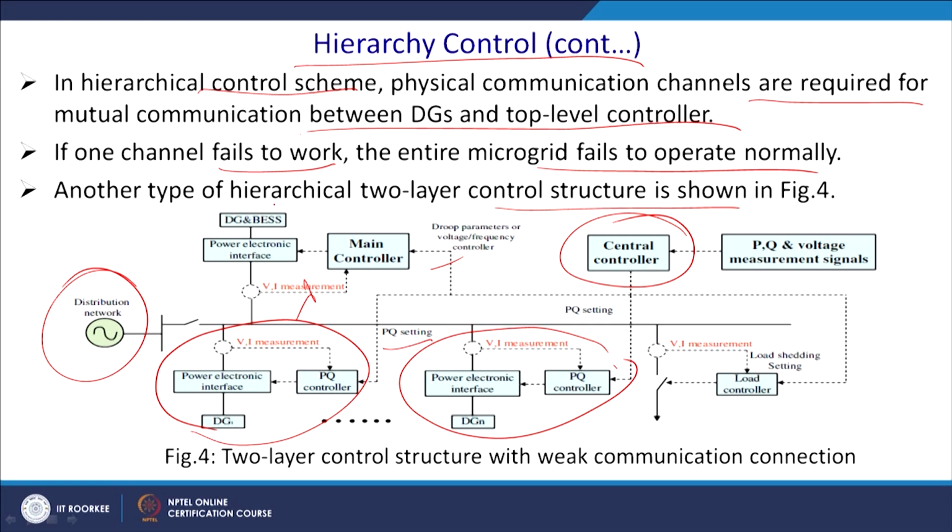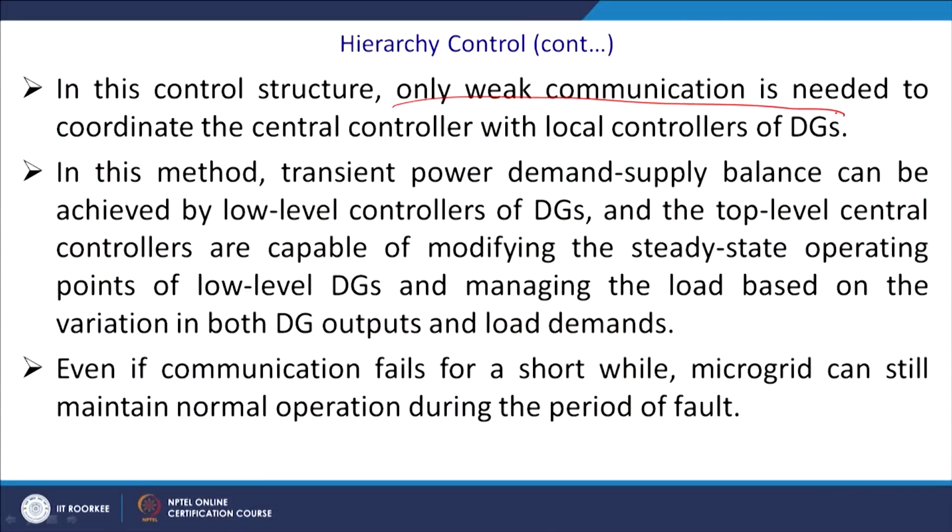Some will be given a task of PQ control and others will be given the load shedding scheme, and they will talk with each other sometimes, but the task is segregated, and if one channel fails, you can still operate this microgrid and keep operating. In this control structure, weak communication is needed. So, you do not have to use very high bandwidth communications to coordinate the central controller with the local controller of the DGs.